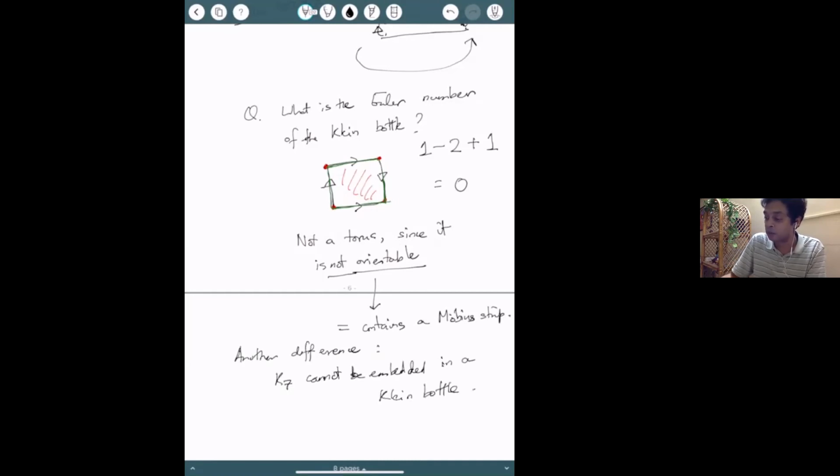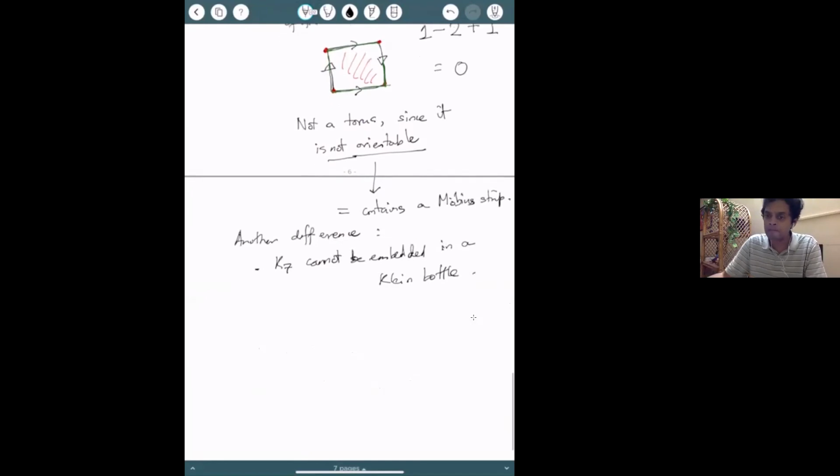So K8 cannot, but K7 can still be. You probably have done K5 and K6. K7 is more complicated, with a lot more edges, but it can still be embedded in a torus, but it cannot be embedded in a Klein bottle. Okay, and I guess I have a few more minutes.